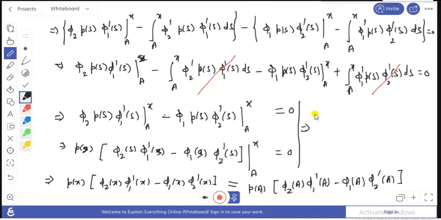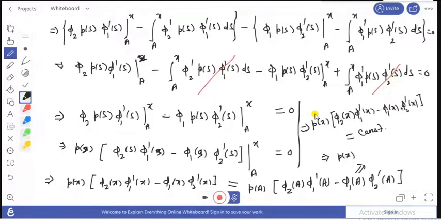तो ये देखिए राइट हैंड साइड में आप देखें राइट हैंड साइड में क्या है कि p फंक्शनल वैल्यू एट एनी कांस्टेंट पॉइंट, सो दिस इज द कांस्टेंट वन. ओके, सो दिस इंप्लाइज योर px phi 2x phi 1 prime x minus phi 1x phi 2 prime x, that equals to here this term is constant. This is constant. So that is why you can write here this is px, and what is this thing?